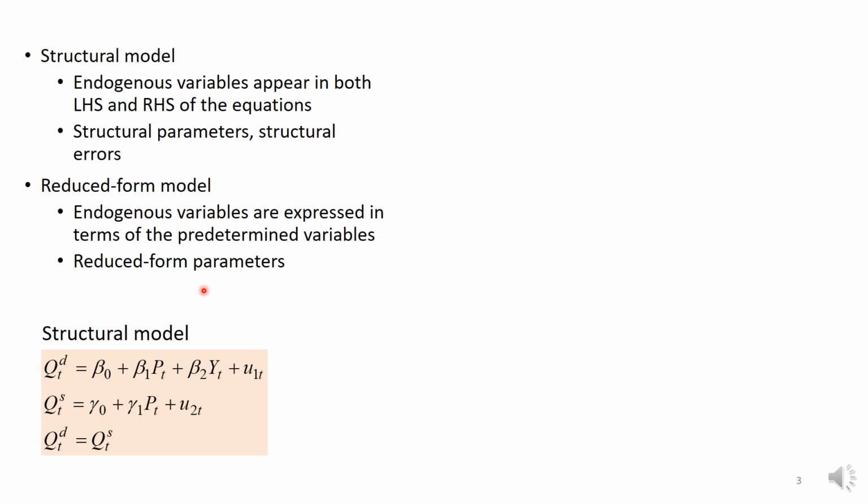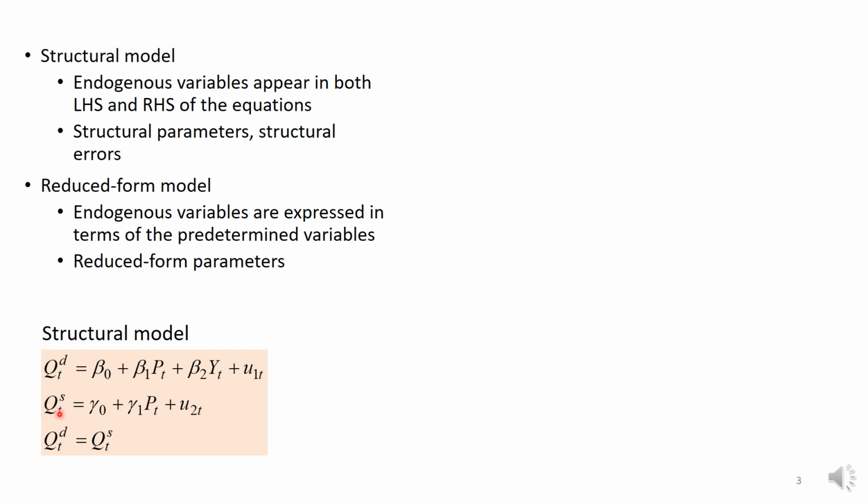So the example that you have seen before, your market equilibrium model, this is what we call the structural model. Here you have your quantity demanded as well as your price. Your endogenous variable appears on the left hand side as well as your right hand side.